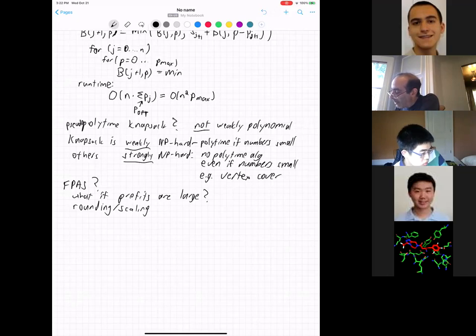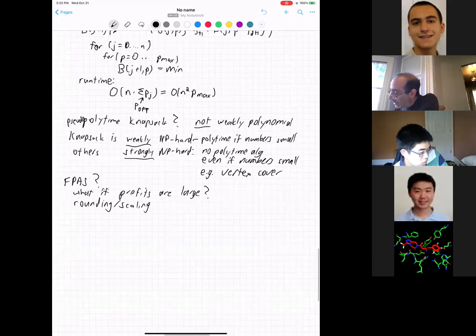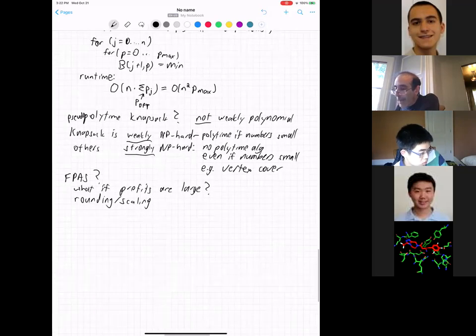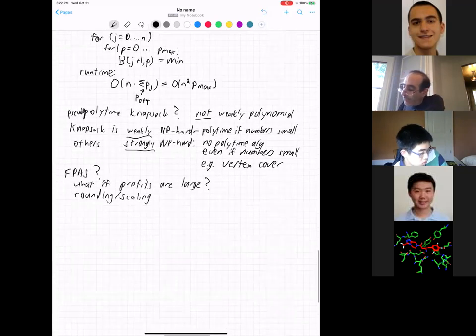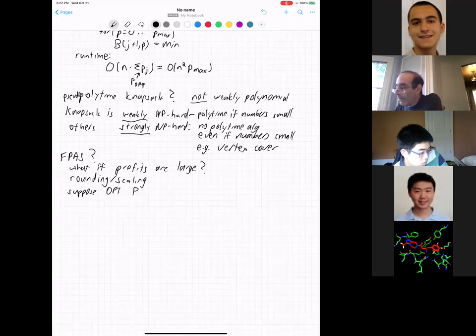Okay, so let's suppose that our optimum is some number p. And I'm going to have to come back and address that supposition, but let's suppose for now that we know p. So what we can do is scale all the profits.